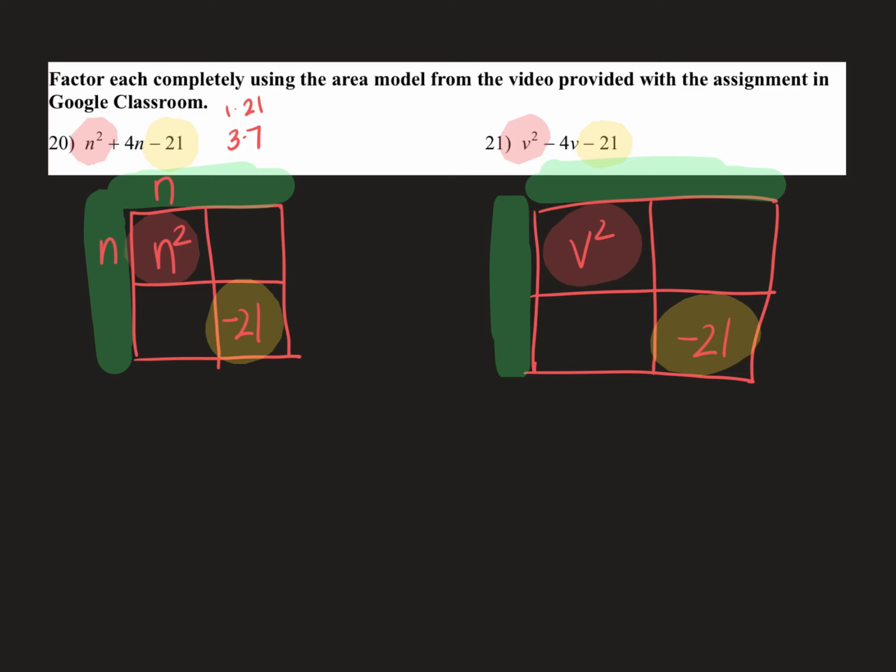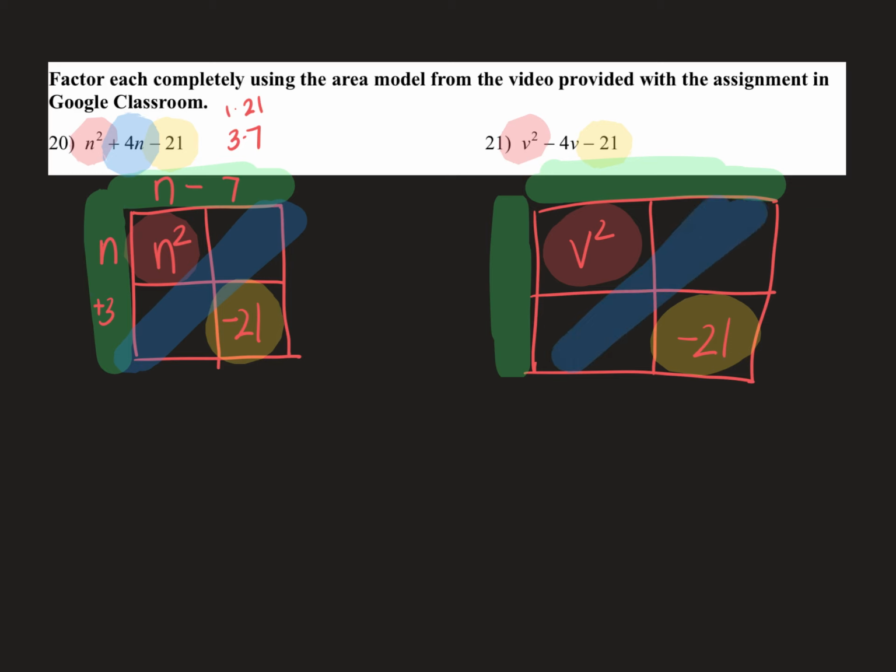But to get negative 21, then I need one of them to be negative, so I'm going to put negative 7 and positive 3 and see if that will work. Now, my goal is, when I multiply, I want these two to add up to give me positive 4.